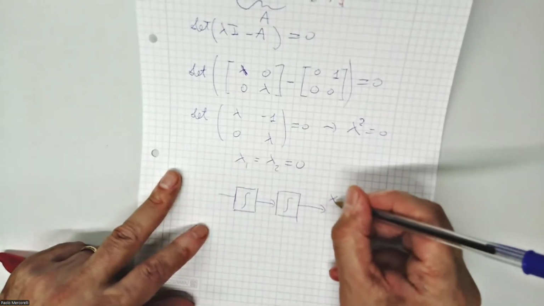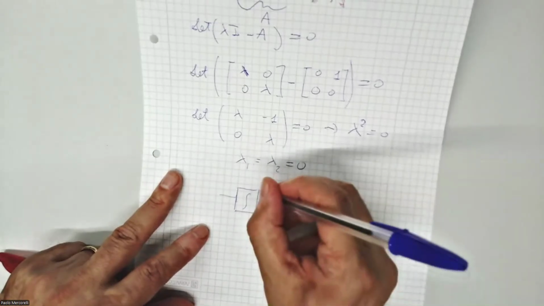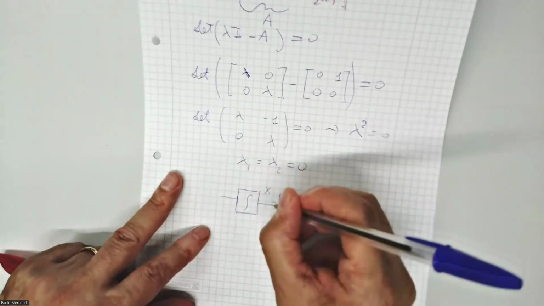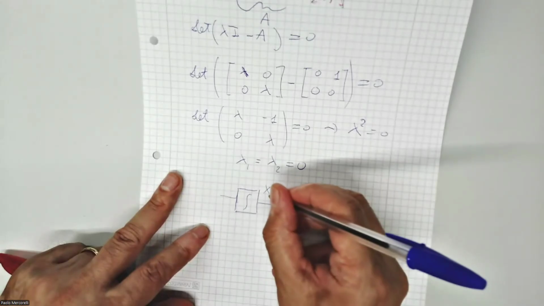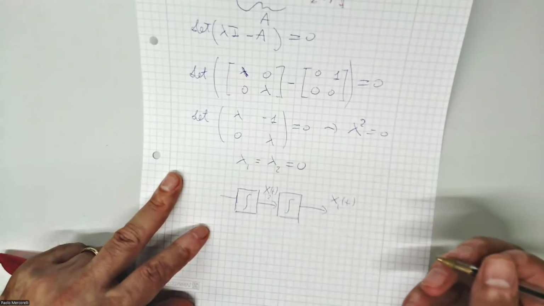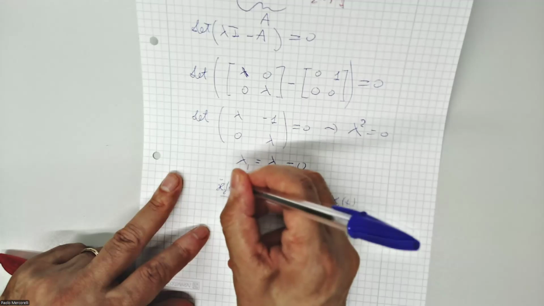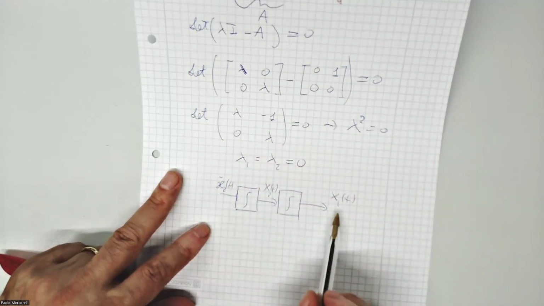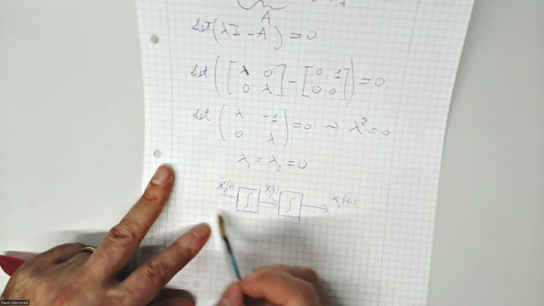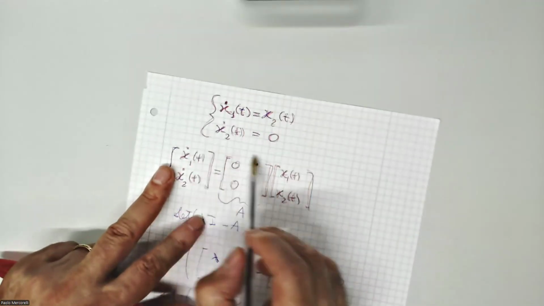This is x1. This is x2. This is x2 derivative. I don't know if it's clear that this representation here represents the system here.